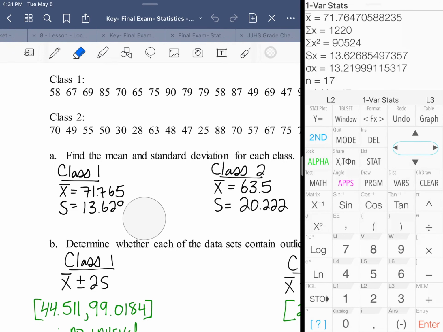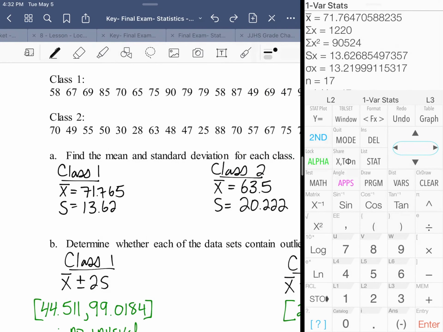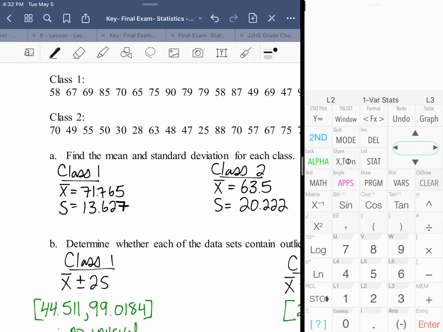Assuming I typed in everything correctly, and there's no reason to think I didn't, because I got the mean right, it's looking like we made a little typographical error here. So that would be 13.627. I did the whole spiel about rounding, and I think I know what I did here. I just missed the 6 and I went right for the 8 and rounded that.